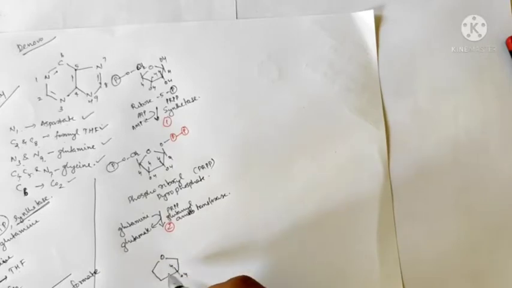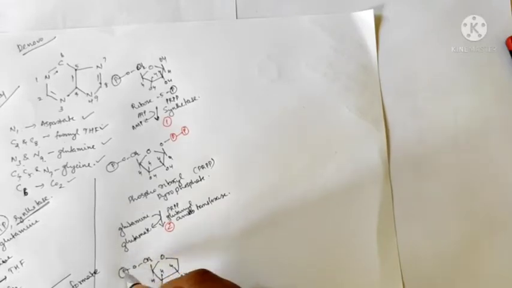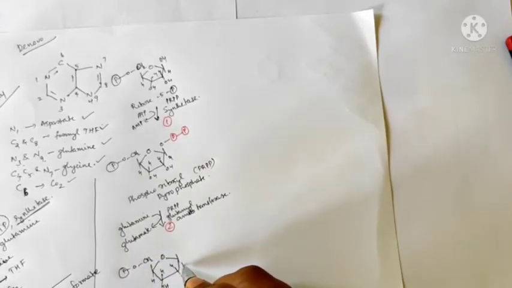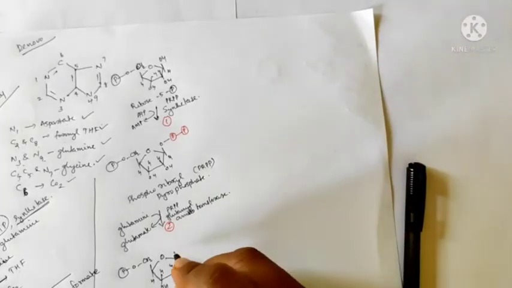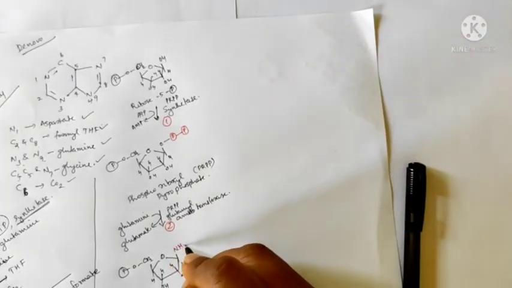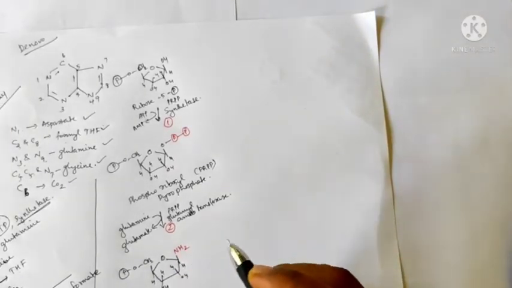Pre-existing ribose sugar, H2O. Here the change is that a pyrophosphate is eliminated and an amino group is transferred to the position. Okay.